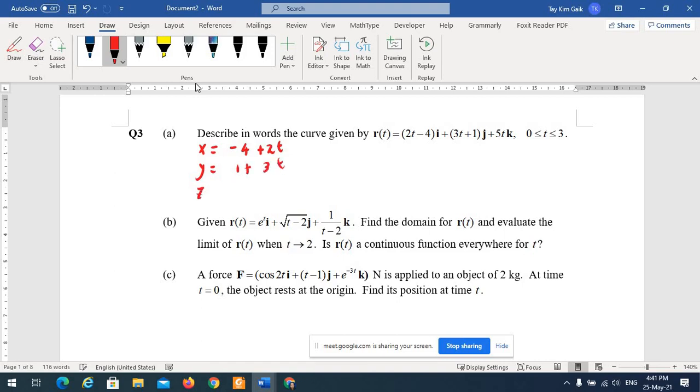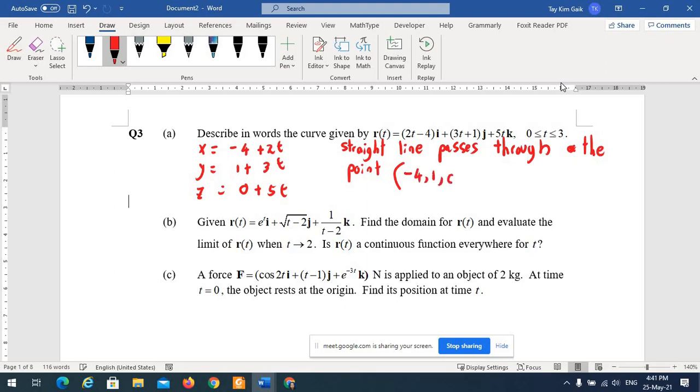Component k, let it equal z, so it's 0 plus 5t. So this is actually the straight line. A straight line passes through the point (negative 4, 1, 0), meaning x is negative 4, y is 1, z is 0.